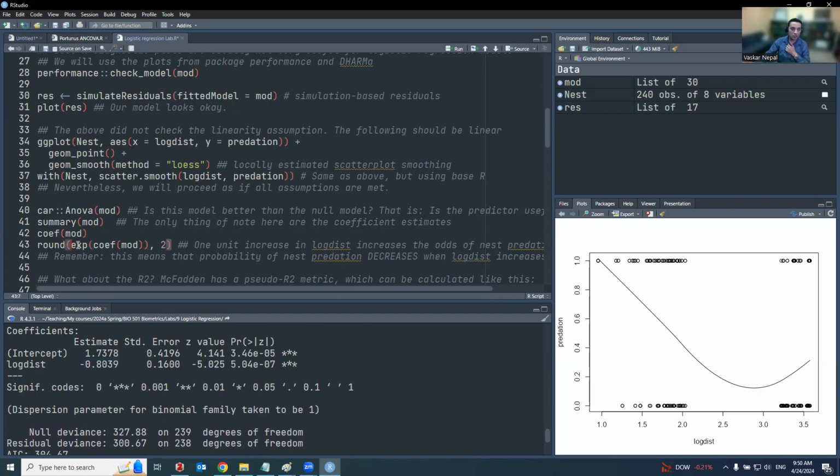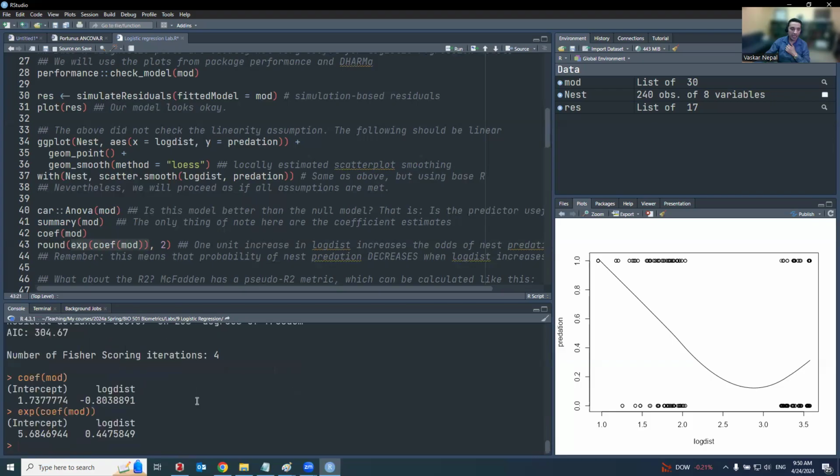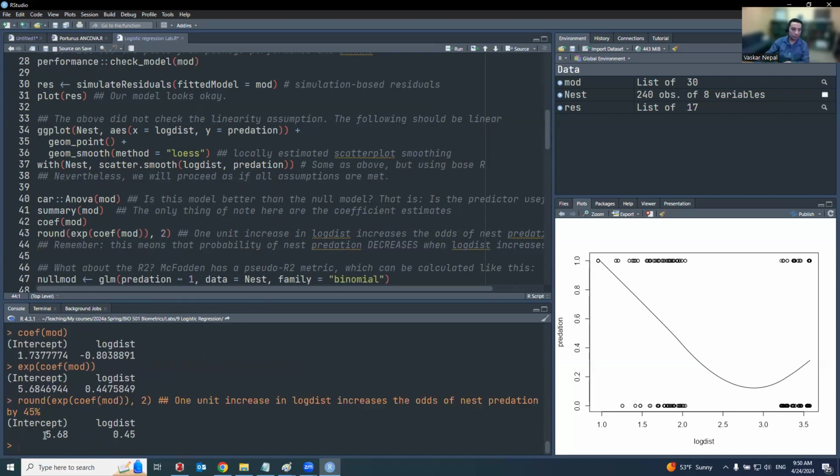To look at odds ratios, we would exponentiate the coefficients, which is what we do here. If we just run that, it gives us really big values, big meaning there are lots of decimal points. We don't need that, so I round that to the nearest 2 digits. And when we look at that, we get 5.68 and 0.45.